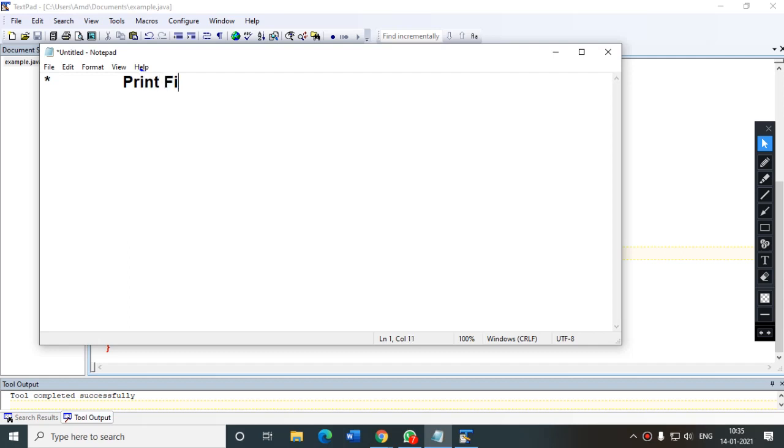Here, Fibo prime numbers till n. This is the question. If the number of terms is 5, the normal Fibonacci terms are 0, 1, 1, 2, 3, 5, 8, 13, 21.